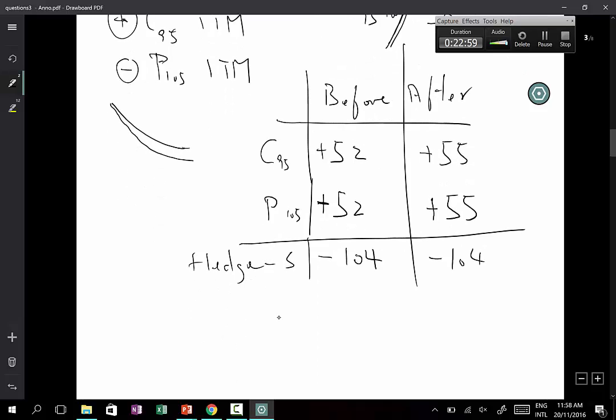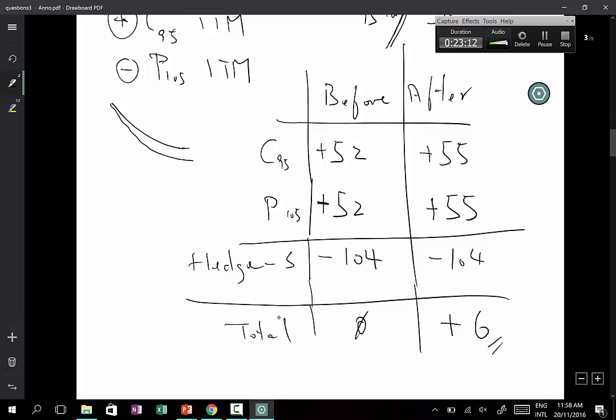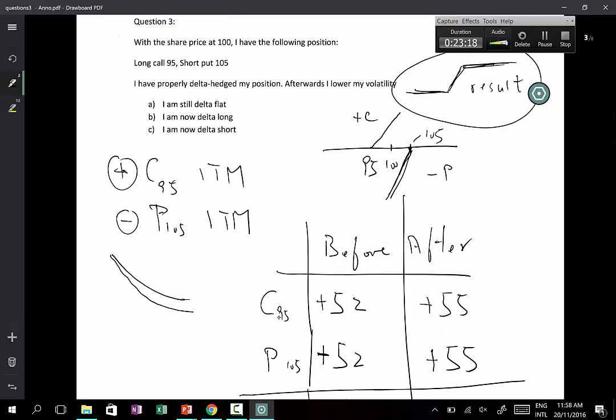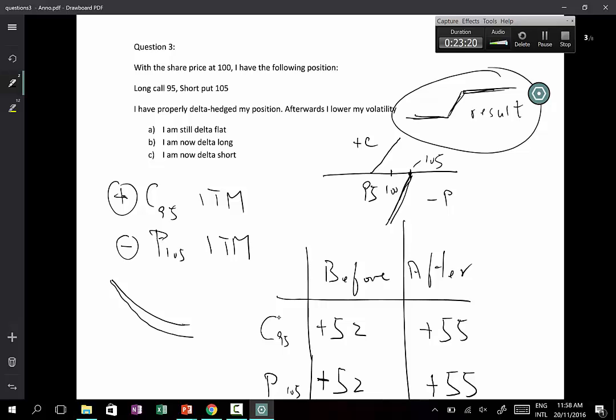So as a result, here the total is 0, as it should be. Okay, but now what happens is you have a little bit of delta slippage here. So you are delta long as a result. So B is the right answer. Everyone is okay with that?